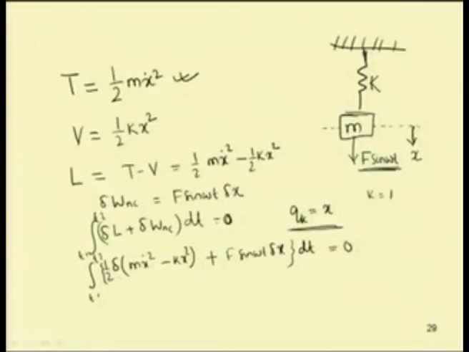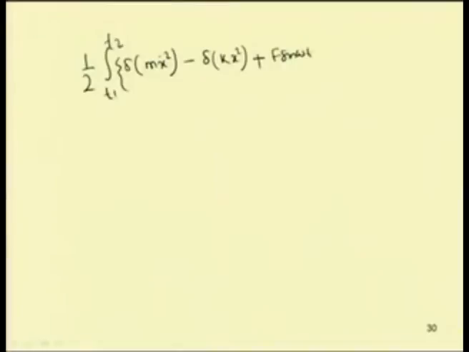Now I can use this del operator here. I take the half outside and integrate from T1 to T2, separating the terms: del of m x dot square minus del of k x square plus F sin omega t del x, dt.